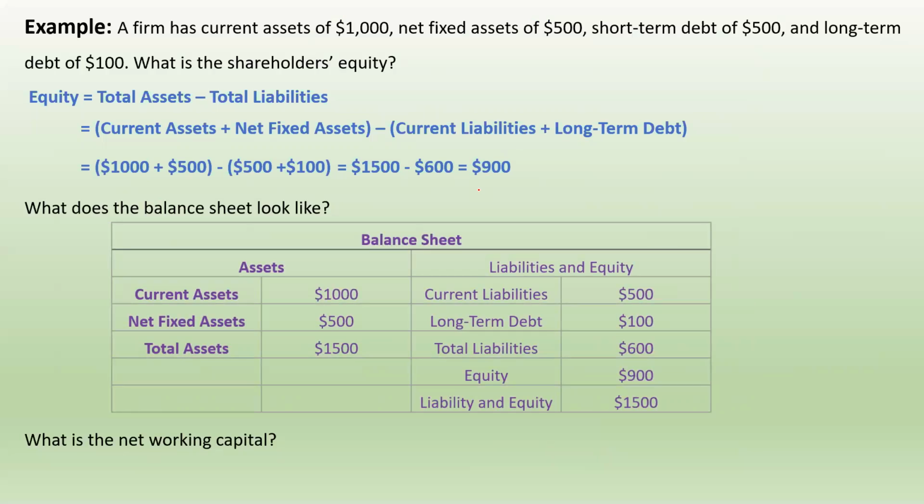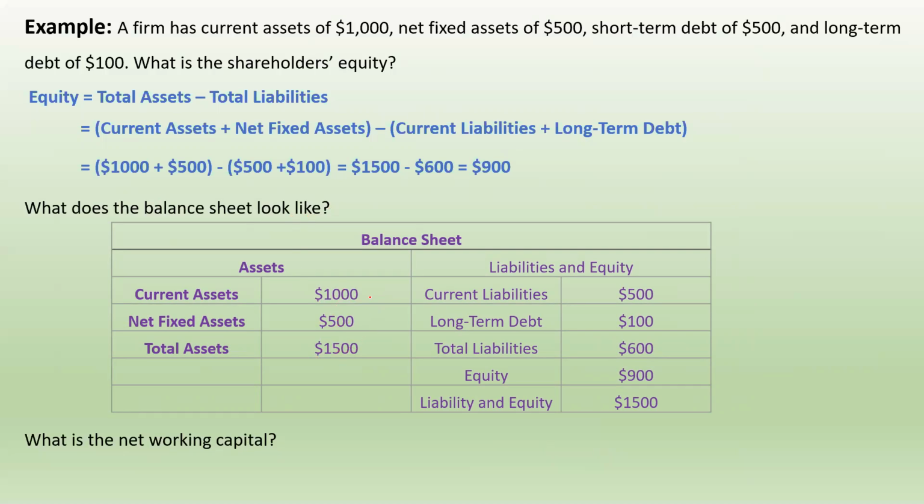And then the balance sheet looks like this. On the left-hand side, we put assets: current assets first, then fixed assets, then total assets, which is the summation of total current assets and net fixed assets.